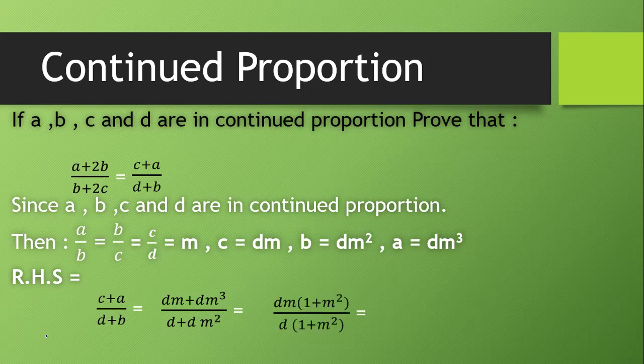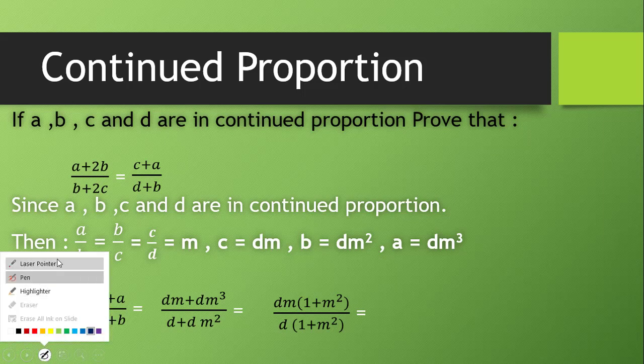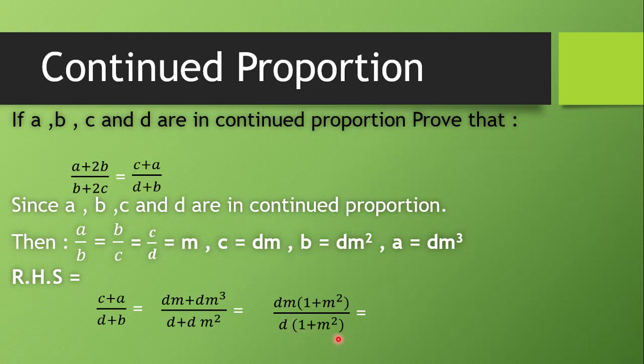So dm times (1 plus m power 2), and in the denominator the common factor is d only. So it will be d times (1 plus m power 2). Now 1 plus m power 2 divided by 1 plus m power 2 equals 1, and d divided by d equals 1. So it will be m. So the right hand side equals m. The left hand side also equals m. So the right hand side equals the left hand side.